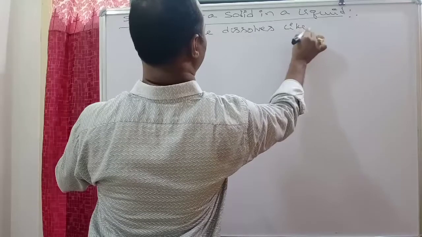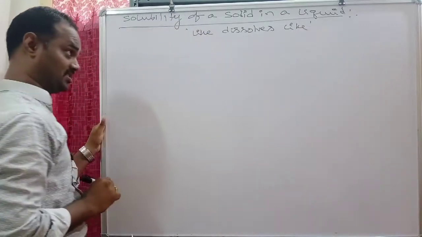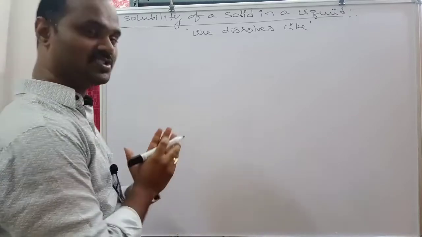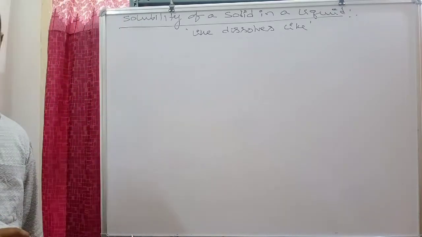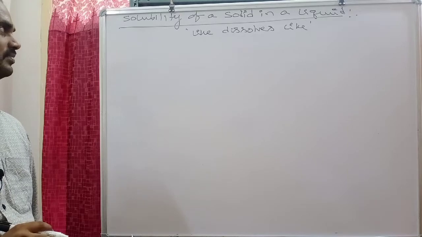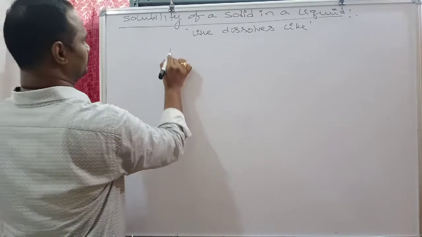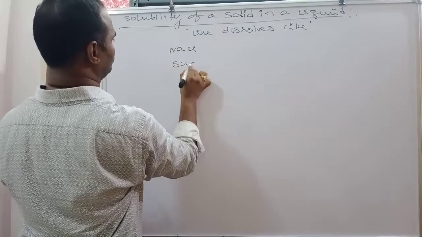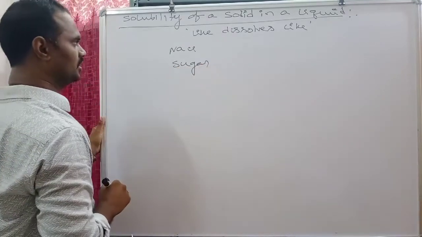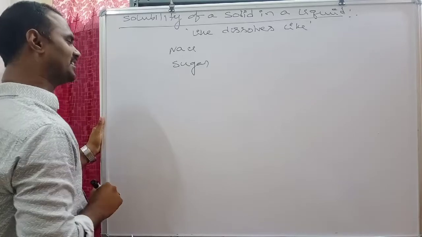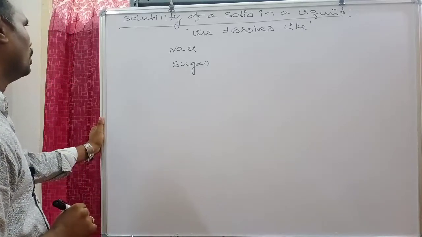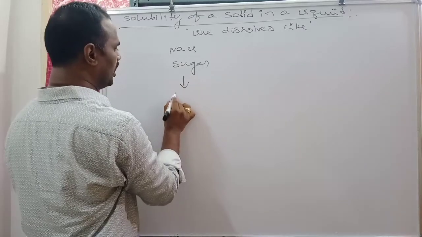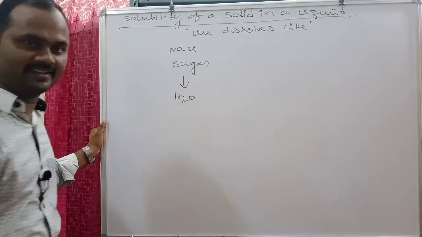When we are going to the solubility concept, generally we are using one phrase: like dissolves like. What is the meaning of like dissolves like? It means particular solutes dissolve in particular solvents. A clean example: NaCl and sugar are generally considered polar solutes dissolved in polar solvents like water.